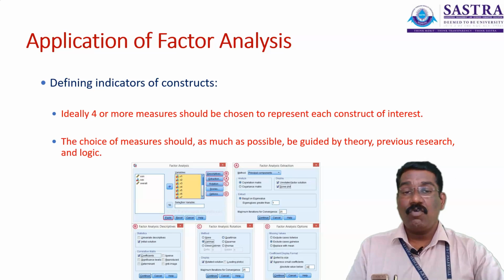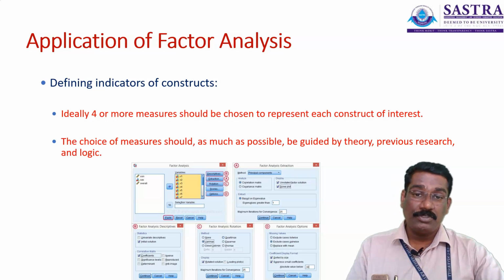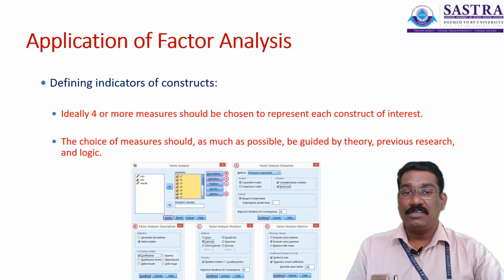So ideally, 4 or more measures should be chosen to represent each construct of interest, in the sense that many more variables form dimensions, and dimensions form a construct.